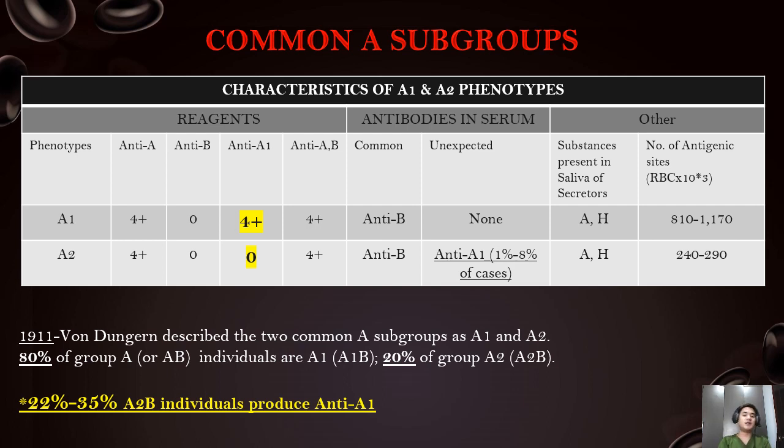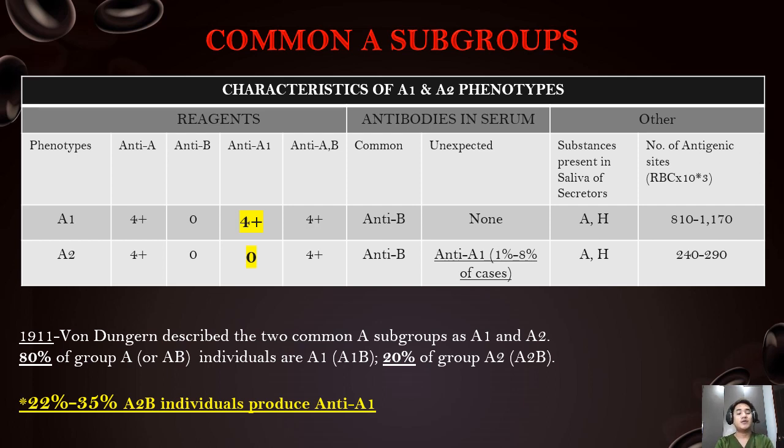So, class, as I have mentioned from the previous discussion, A2 individuals produce a trace concentration of the antigen C determinant that may still initiate the production of very small amounts of an unexpected anti-A1 in the serum sample.